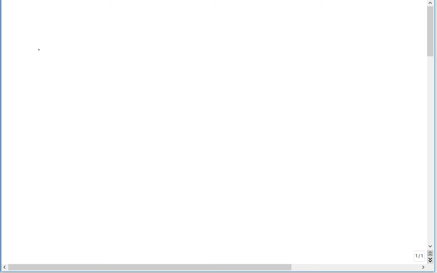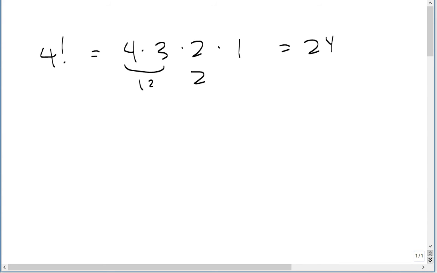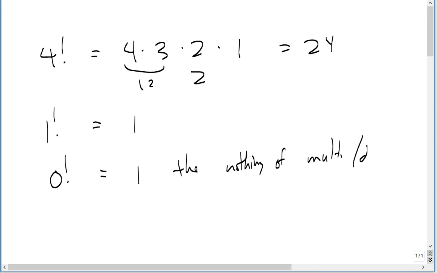You really don't need to know about a factorial. 4 factorial means 4 times 3 times 2 times 1, and that's 12 times 2. It's 24. And then 1 factorial, fine, it's 1, just the number 1. 0 factorial. People are like, you are multiplying no numbers together. It's actually 1. It's the nothing of multiplication and division. These things bother people a whole lot.